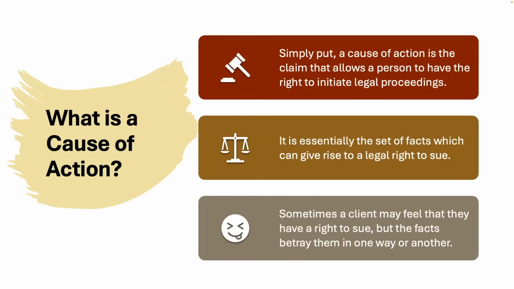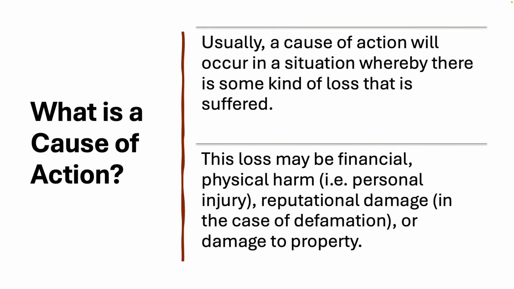So it might be the case that a person has acted theoretically negligently, maybe they have breached their duty of care, but there might not be any causation. There might be new intervening causes, novus actus interveniens, or there might be issues concerning foreseeability or remoteness that make it the case that there is in fact no cause of action. That, of course, is going to be the subject of a lot of lessons in the law of tort. For contracts, it will be the subject of a lot of lessons in the law of contract.